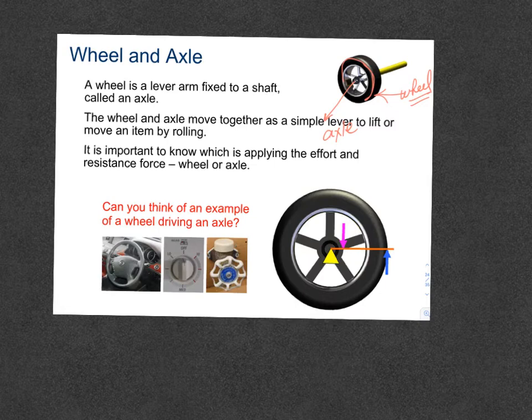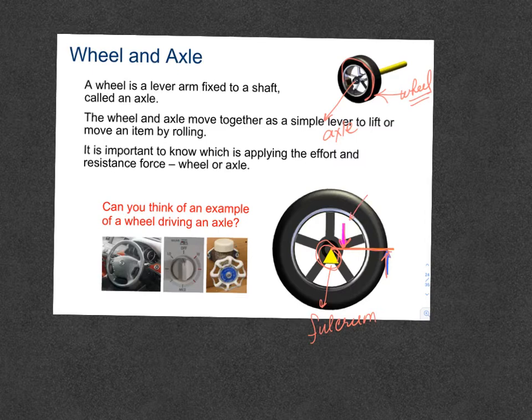Now, in this presentation, the one who created it was using a triangle for the fulcrum, and they are comparing the wheel and the axle with a lever. You have the fulcrum over here, and then you have a distance in which the resistance and the effort force are going to be applied.